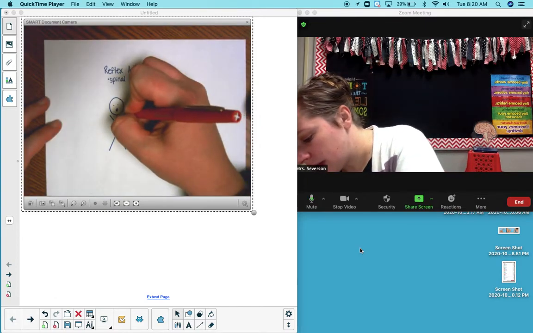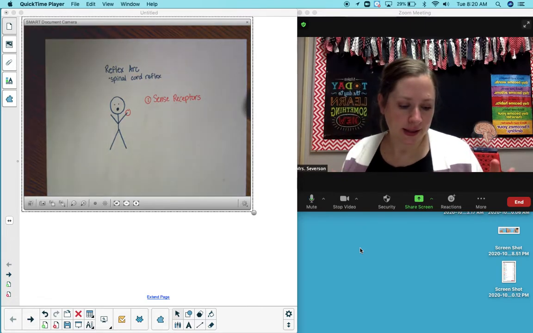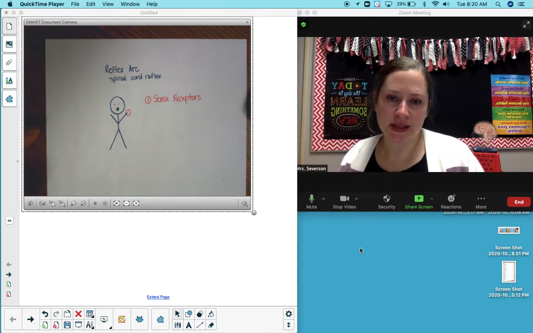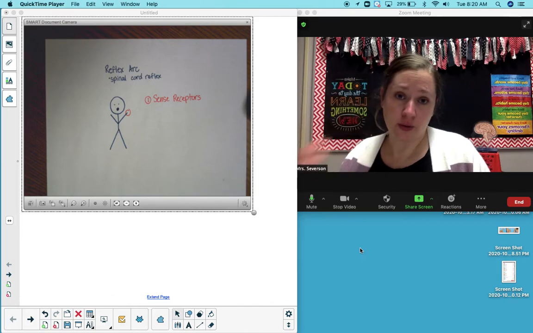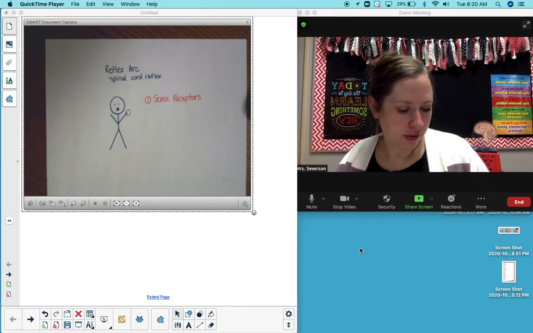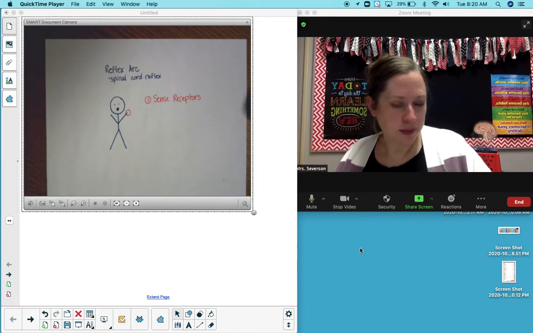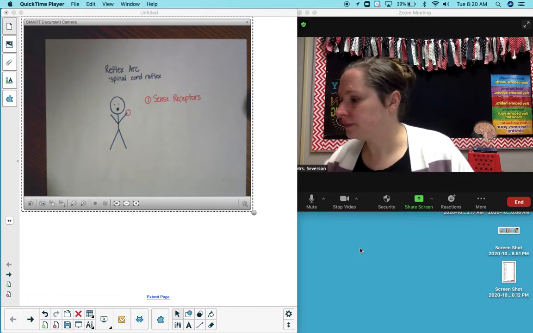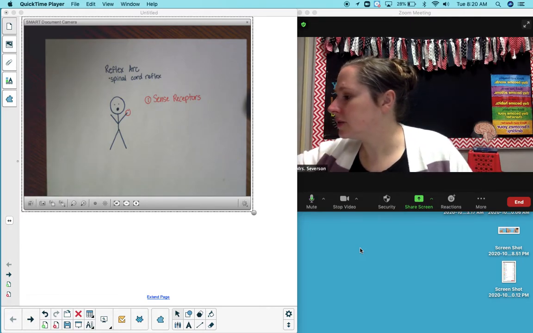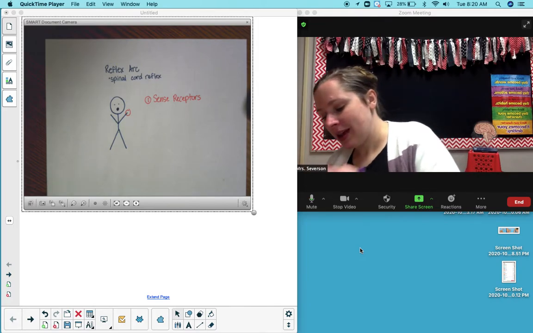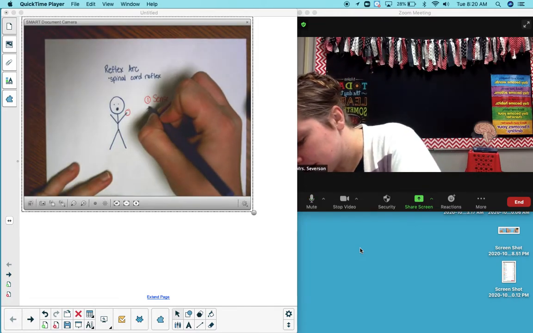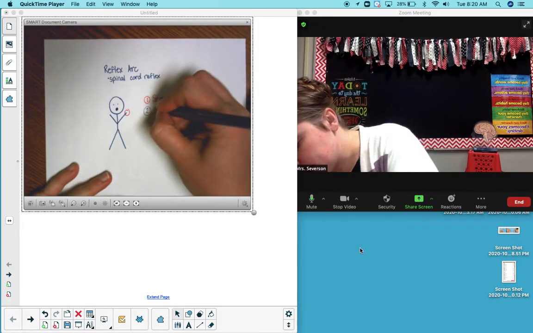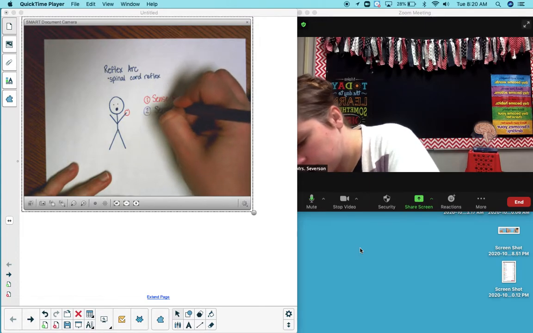So here we have our sense receptors in our hand and in our skin. And we do have specific neurons for pain called nociceptors, but you don't have to know that for this unit. Okay, so the next part that happens, I'll do a darker color so you can see better, is the sensory neurons. So we had talked about these when we were looking at neurons.